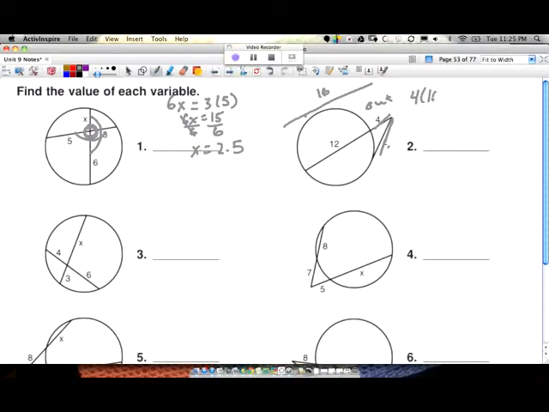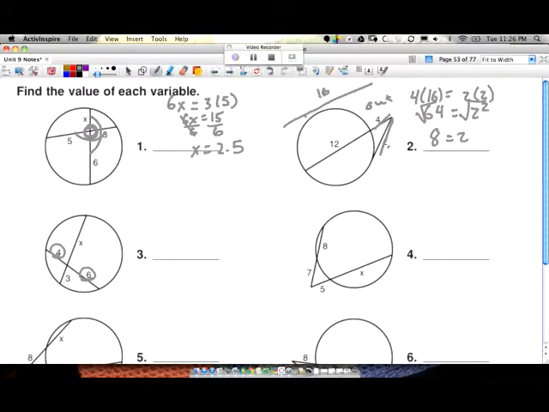So we got 4 times 16 is equal to the other one, which is z times z. Well, that's going to give me z squared. And 4 times 16, that's like 4 times 4 times 4, which is 64. Oh, well, that's nice, because that square roots evenly. So z equals 8.